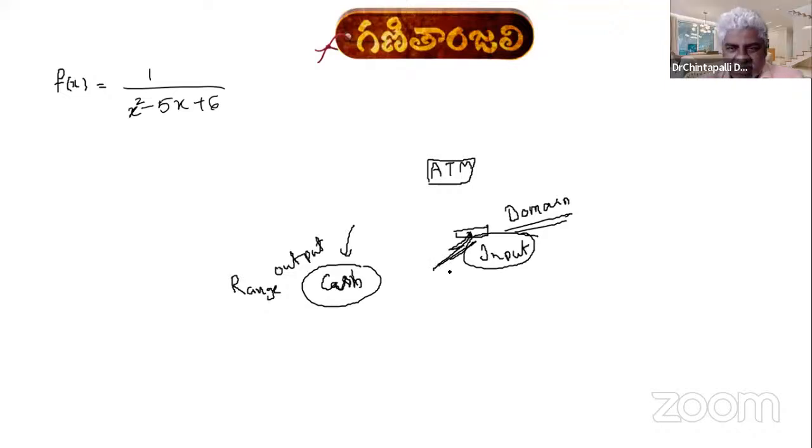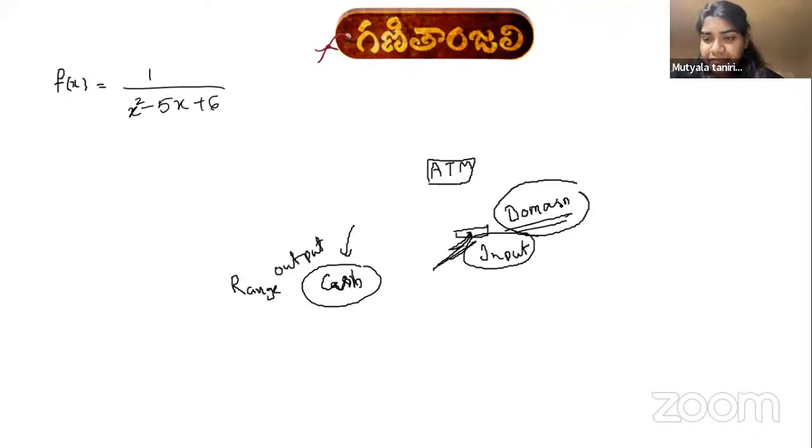So if we insert a voter card, it rejects. It doesn't take even. So that means Aadhaar card is not in its domain, voter card is not in its domain, ration card is not in its domain, PAN card is not in its domain. So have you got the basic idea about domain? Yes, sir.